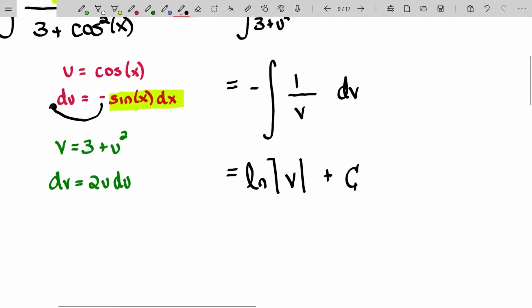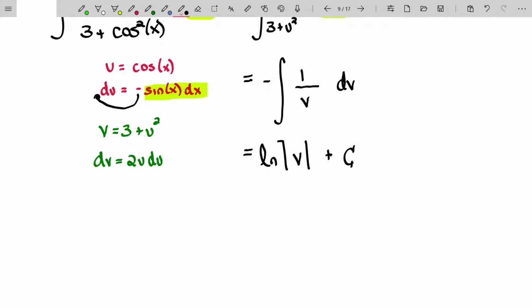Did you start in the world of v? No, you didn't. V is 3 plus u squared. Okay, so it's negative. Whoops, I forgot the negative. Sorry about that. Negative natural log absolute value of 3 plus u squared, and then plus c.